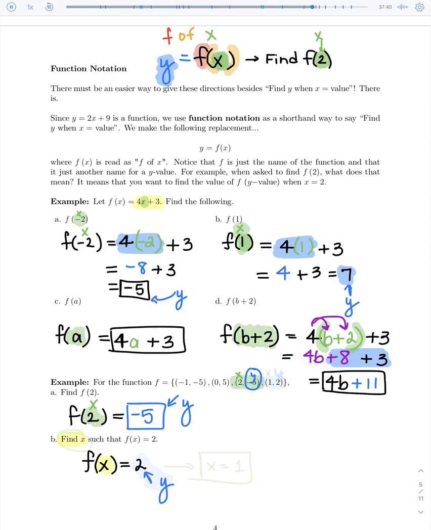So let's go find the point for this function that has a y value of 2. Well, the only part of this function that has a y value of 2 is the last point. It has a y value of 2, and that means it's got an x value of 1. So what x gives us this is an x value of 1. And that's our final answer.